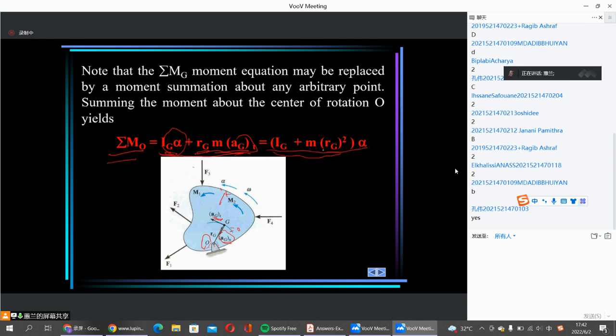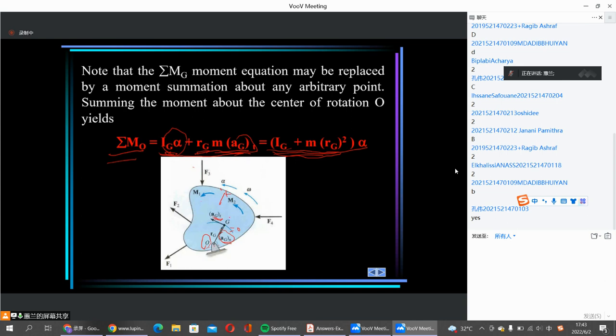But what about this? I_G is the mass moment of inertia about the mass center, plus m a_G squared. What will it be according to the parallel axis theorem?